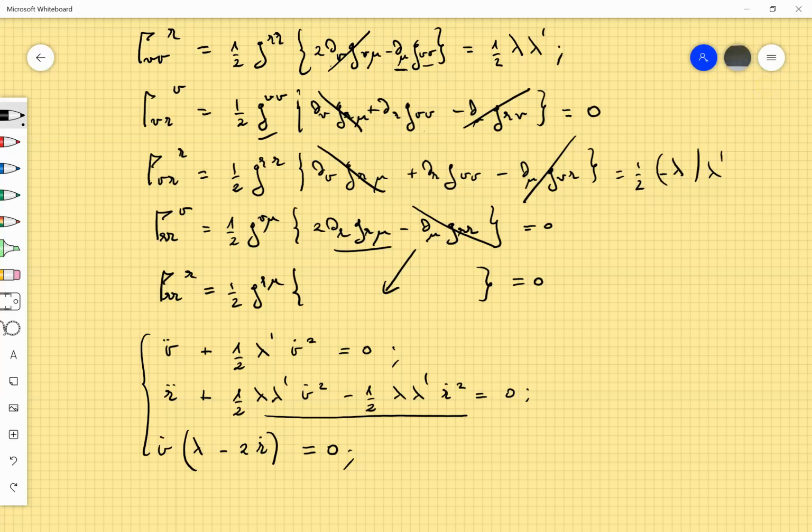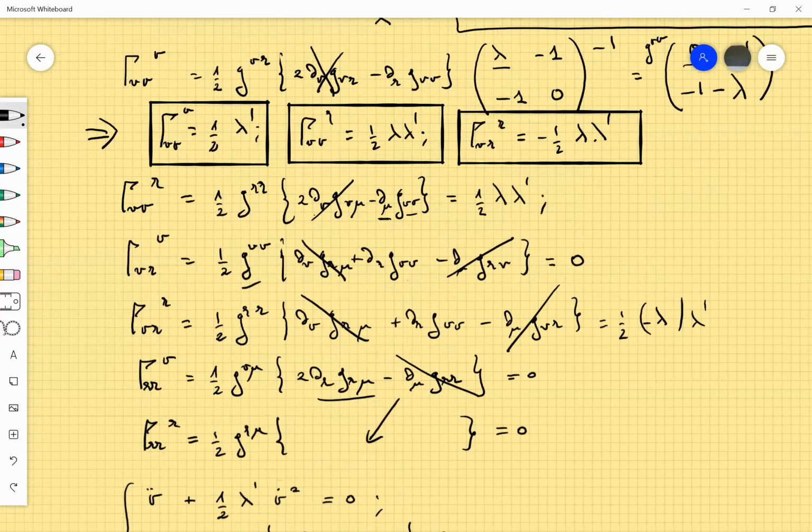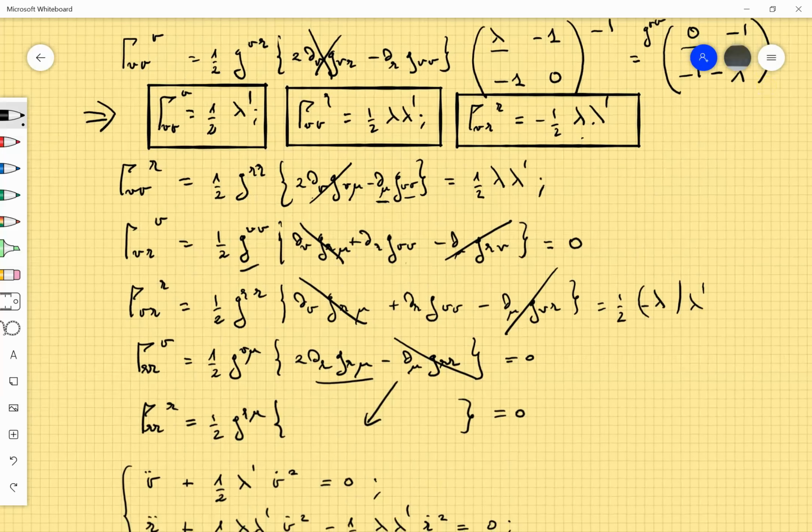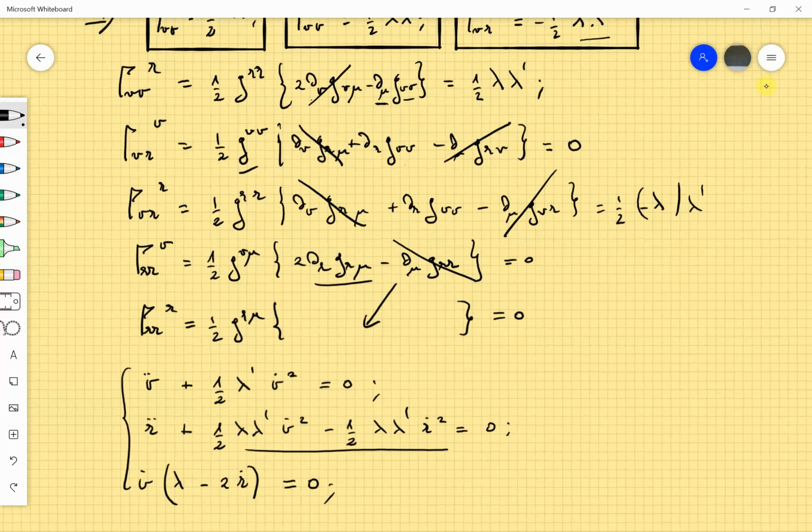Then I realize that I have made several mistakes. Okay, one of them is that this corresponds to VR. So instead of minus 1/2, I should have just minus, and instead of r dot square, I should have r dot v dot.